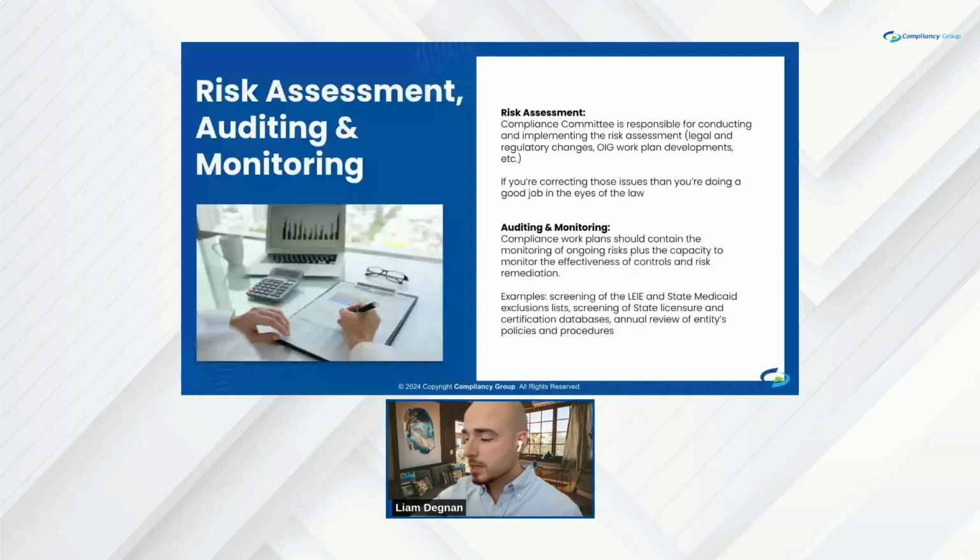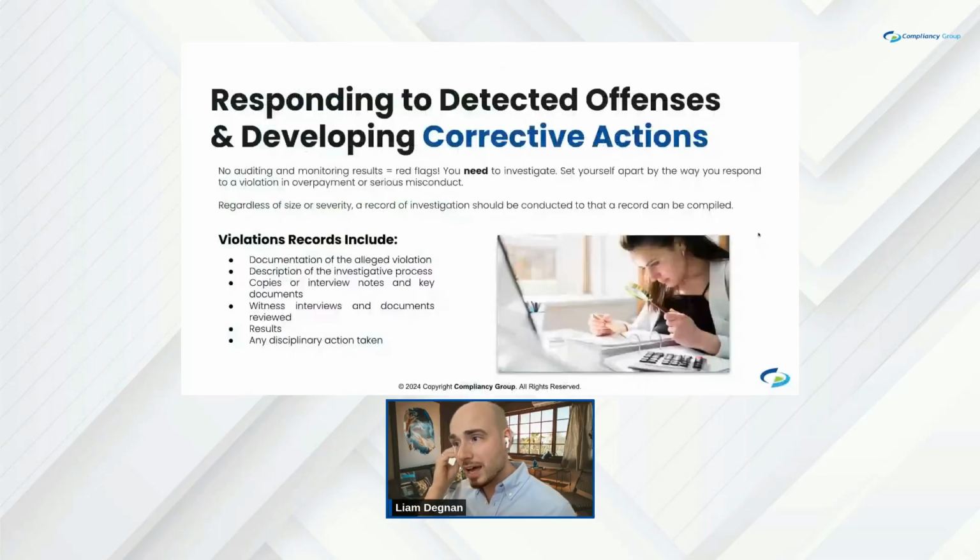So risk assessment, auditing, and monitoring tie in with the next two elements really well, which deal with how you respond to offenses and how you develop corrective actions. And this is one area where I'll say more often than not, even when you look at the OCR fines, you'll see a lot of organizations. So let's say the OCR requires enterprise-wide risk analysis for privacy, security, and physical sites.